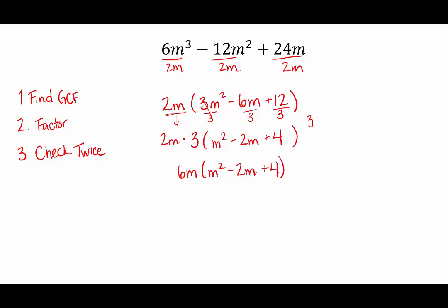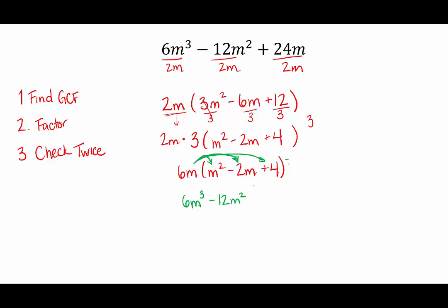So now check again. The polynomial inside my parentheses, there is not a greatest common factor. That's the first check. The second check is use the distributive property. 3 terms on the inside, so 3 arrows. 6m times m squared leaves me with 6m cubed. 6m times negative 2m is negative 12m squared.